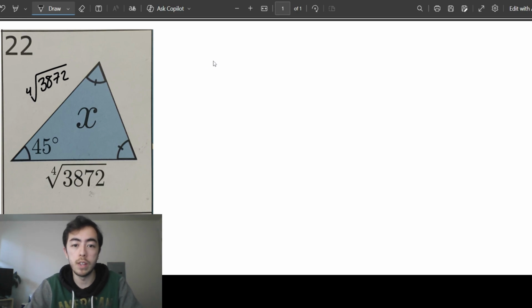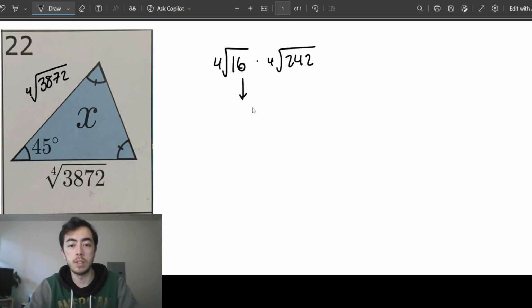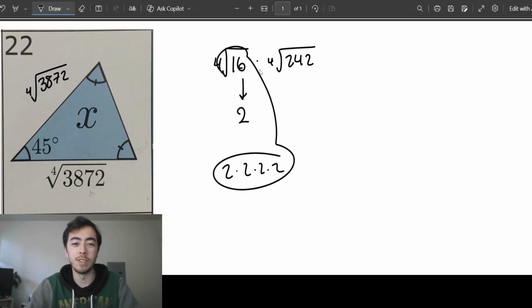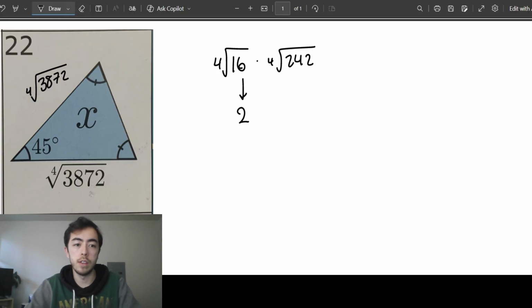So this number is actually the same thing as the fourth root of 16 times the fourth root of 242. And then the fourth root of 16 is 2 because 2 times 2 times 2 times 2 gives you 16. So I could think of this number as 2 times the fourth root of 242 instead. And then maybe this will be nice later just because I have a smaller number underneath my radical.